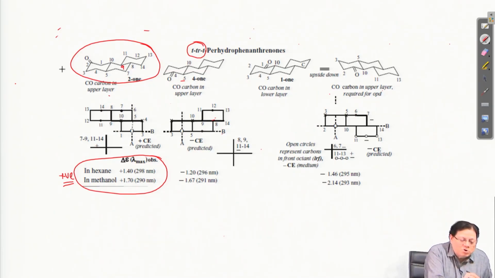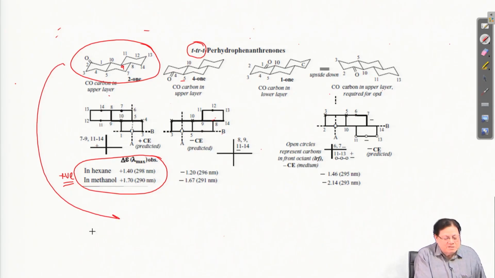Okay. So, let us draw the projection of this in the octants. Okay. The octant projection of these 2 perhydrophenanthrones, in the transoid trans isomer. Okay. So, this is the situation.